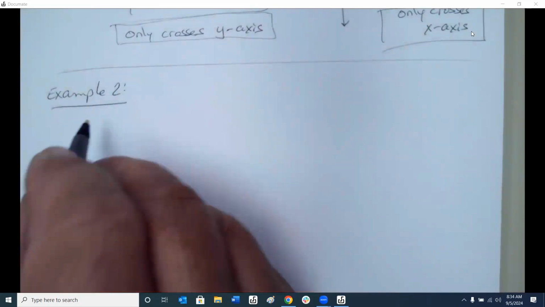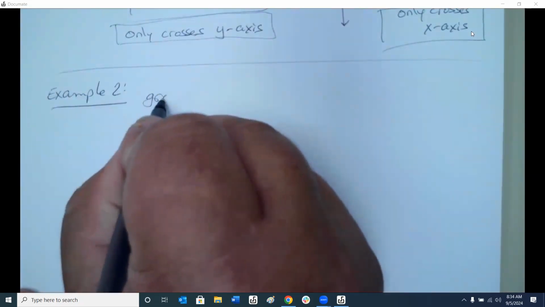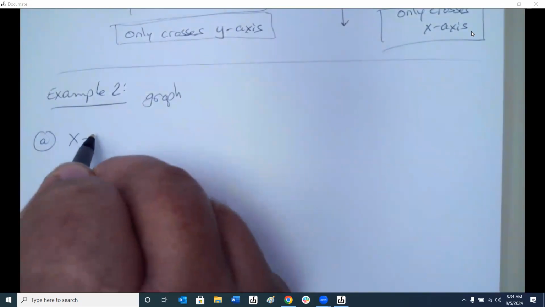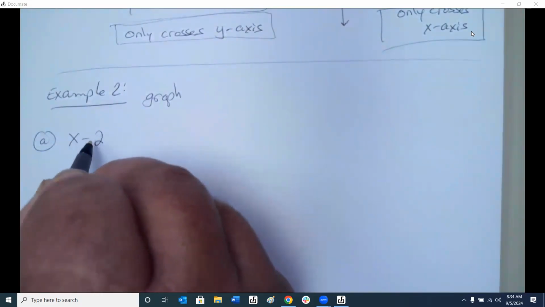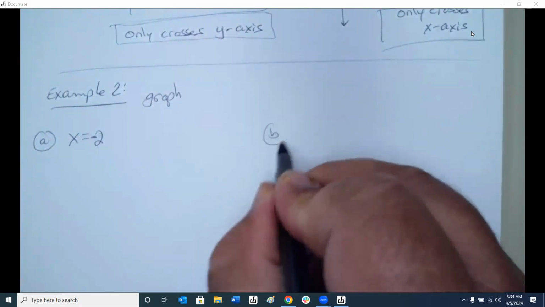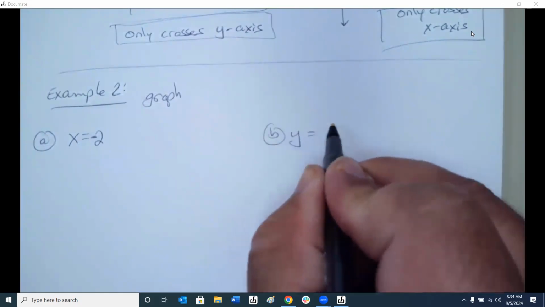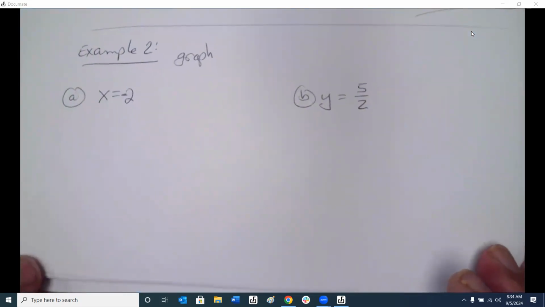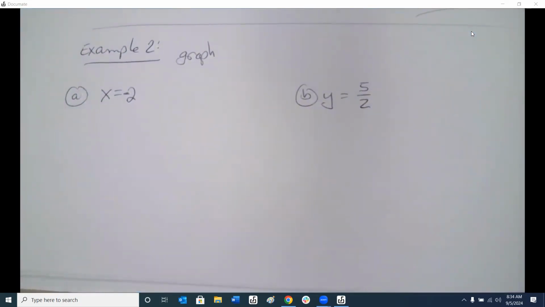So, example 2. Graph these two equations. X equals -2 and y equals 5/2. Graph those two equations.